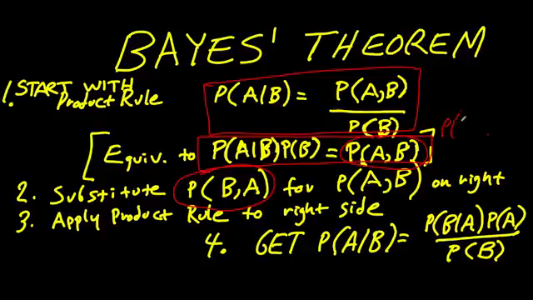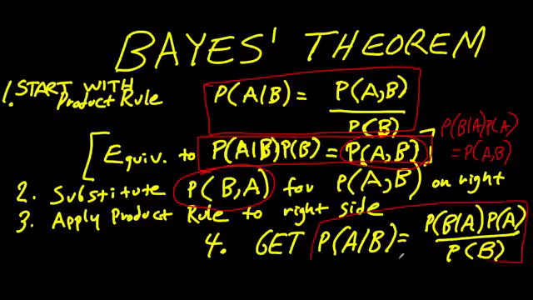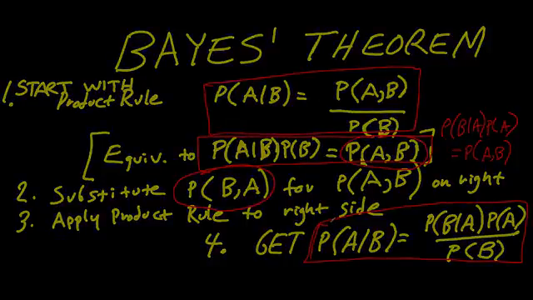So this would be probability of B given A times probability of A equals probability of AB. Okay. And then we are left with this equivalence, which is Bayes' theorem. That is Bayes' theorem.